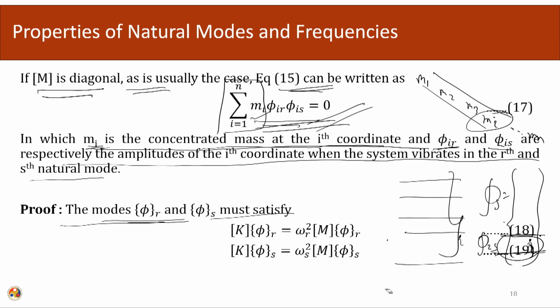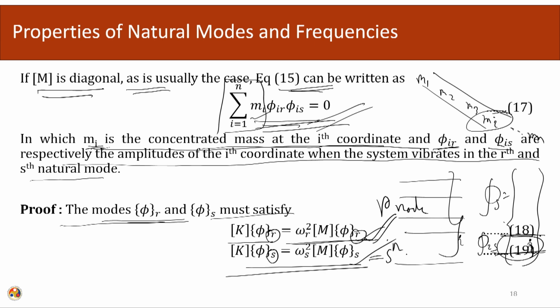So, we start with k phi r equals omega r square m phi r. So, the term corresponds to omega r. And if we take the s term, this is the equation for the s term. So, this is corresponding to the rth mode and this is corresponding to the sth mode. We can use this to prove the orthogonality of the mode shapes.